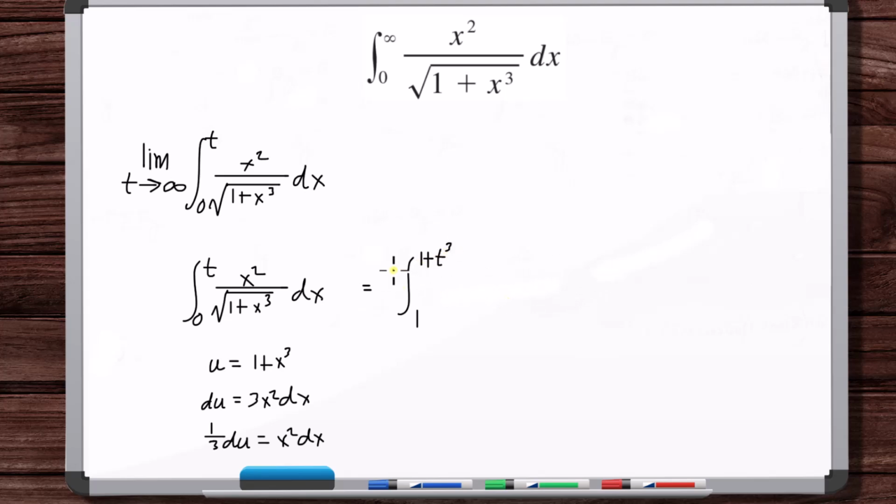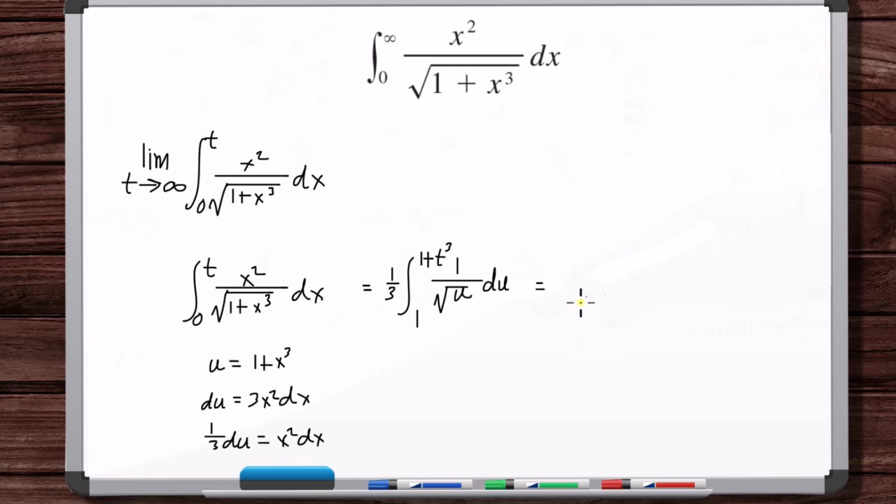And then we've got, take out the 1/3. So we've got square root of u. Okay, and so u to the minus 1/2 plus 1/2 is u to the 1/2. So u to the 1/2 over 1/2 is 2.